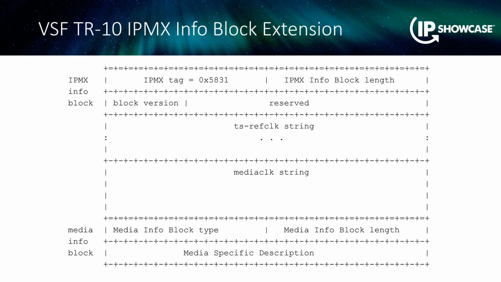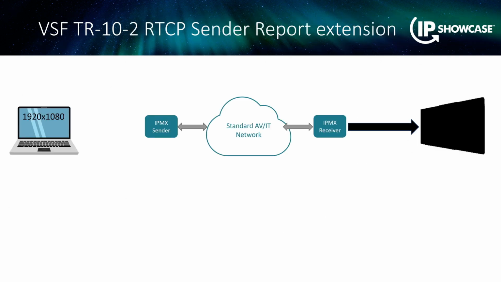All right. Our extension looks like this. We have a piece of it, the media info block, that describes the media that the RTCP sender report is attached to. And we have this block version, which is really a counter. Let's see my example. Maybe graphically, it'll be easier to see. Here I have my display, my receiver, my sender.